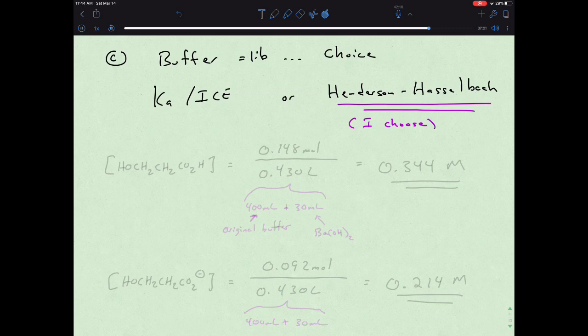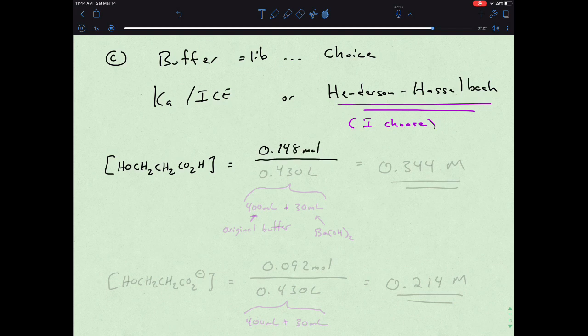So we have to get back into terms of concentration. Whatever method we're using, the ice table Ka method or the Henderson Hasselbalch, we have to get back to our new concentrations. We now have a new mole value of our glycolic acid, which is 0.148 moles.